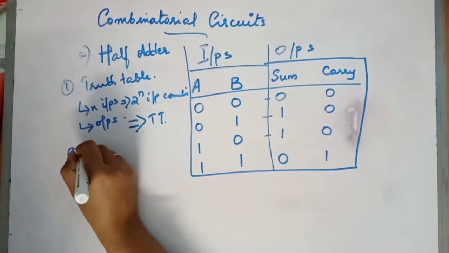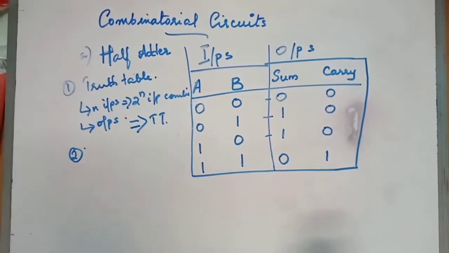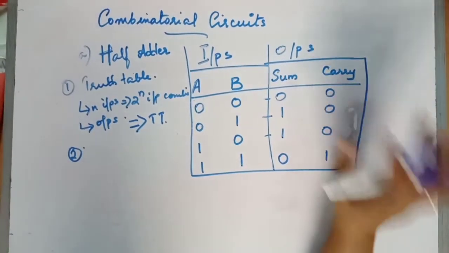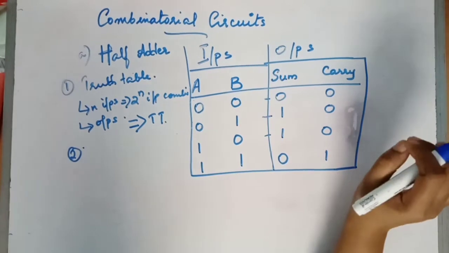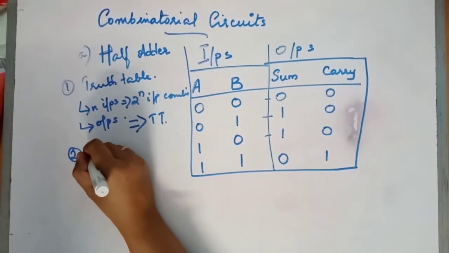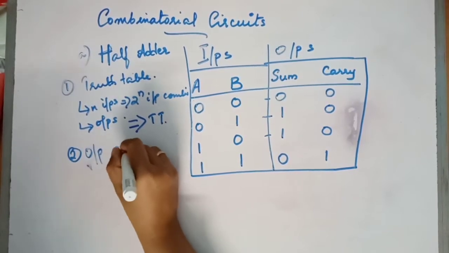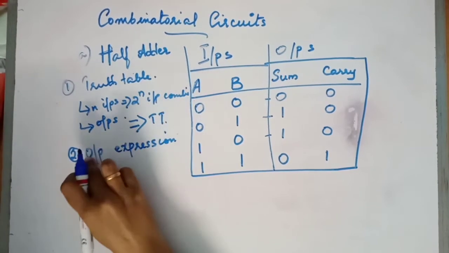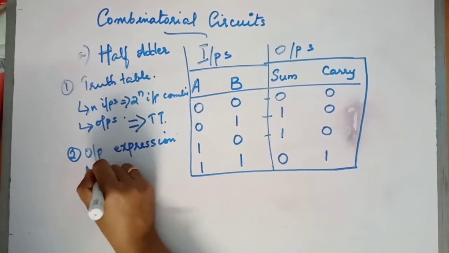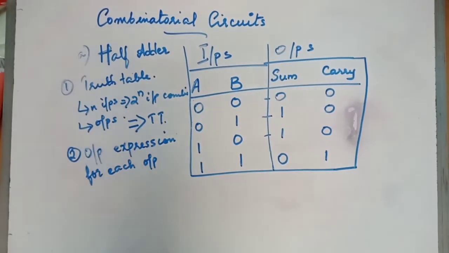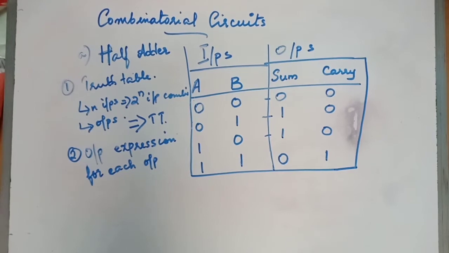Second, from the truth table you have outputs, how many ever outputs you have. For each output, write an output expression. Output depends on what?